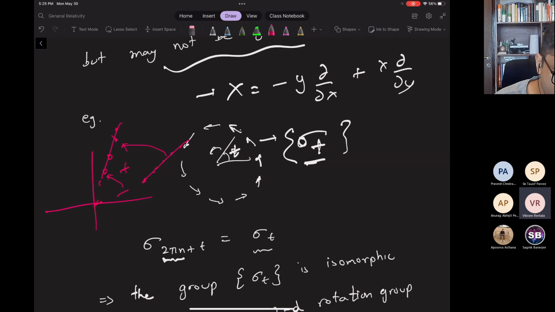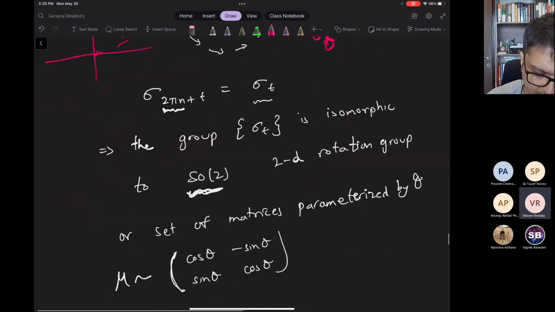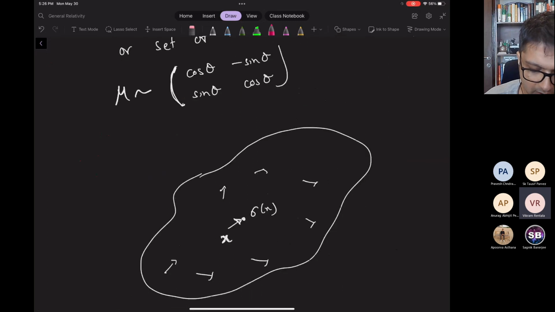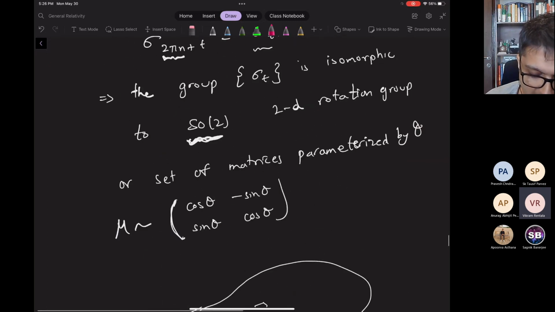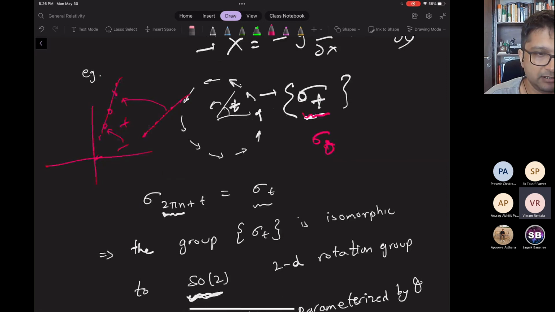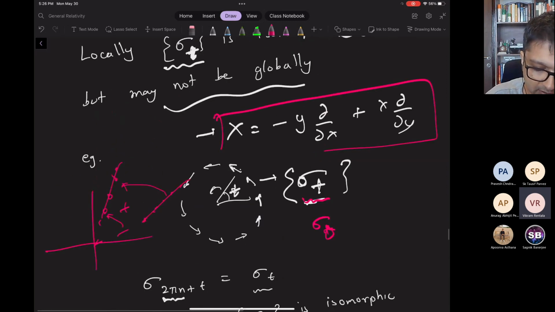It does this not just for these points, but for every point in R2. So the entire plane is rotated by an angle theta under this operation sigma t or sigma theta. And this rotation again doesn't need a metric. It's just a transformation, a flow generated by a vector field.